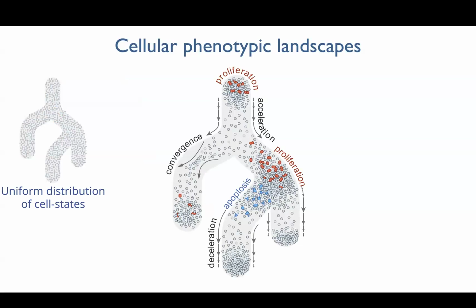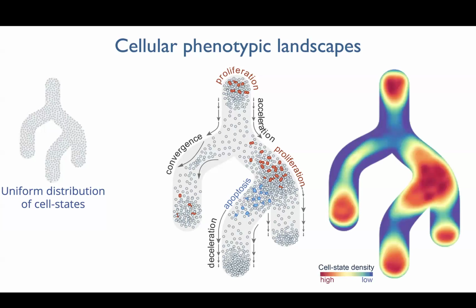Or with apoptosis, you're removing a huge number of cells. Sometimes cells are waiting for a signal, and as soon as they get it, they respond and move fast. So cell state density, some high dimensional representation of cell states and how cells are distributed along that space, tends to be highly non-uniform.